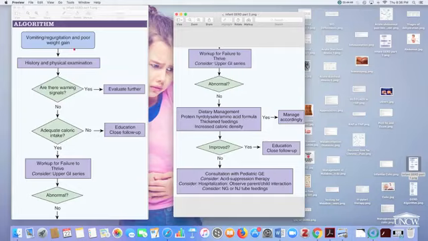Let's look at this algorithm. You want to make sure you're getting a great history and PE, okay? Are there warning signs? We talked about what the red flags were. If there are warning signs or red flags, the infant's not gaining weight, or the infant's having Sandifer syndrome, they're having more pain, you need to evaluate further and consider medications. Are they having adequate caloric intake?